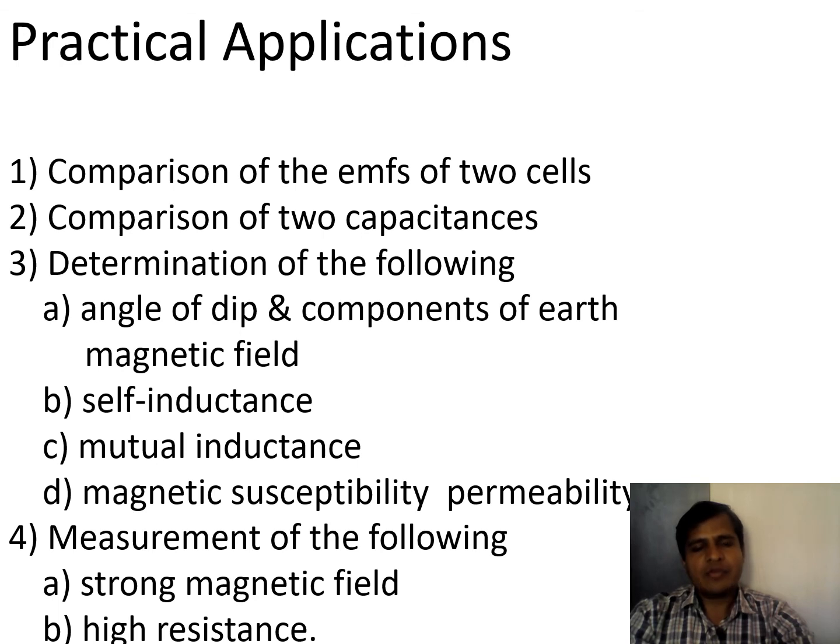It can also be used for determining self-inductance, mutual inductance, magnetic susceptibility and permeability. The fourth application is that it is used to measure strong magnetic fields and high resistance. So these are the four practical applications of the ballistic galvanometer.